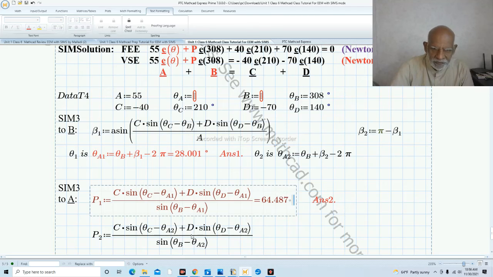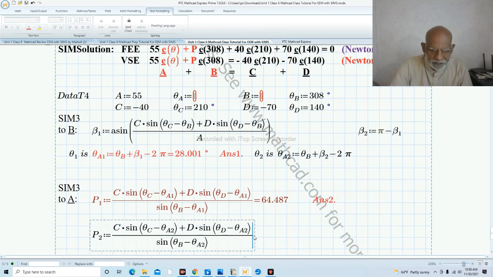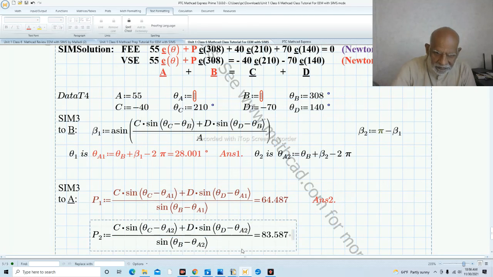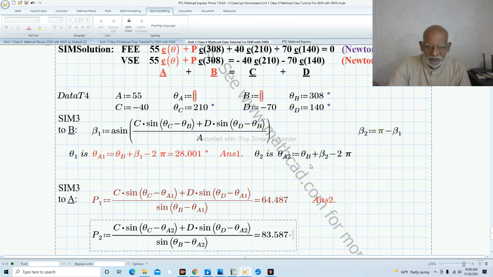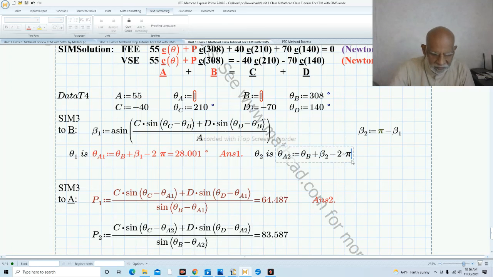So 64.5, and if you compute this, 83. We are asked to find the lower value of P that keeps it in balance, okay. Therefore, for the lower value, what is the corresponding angle? The corresponding angle is this. For the higher value, 83, the corresponding angle, let us see what it would be.